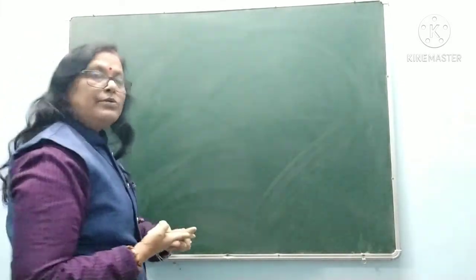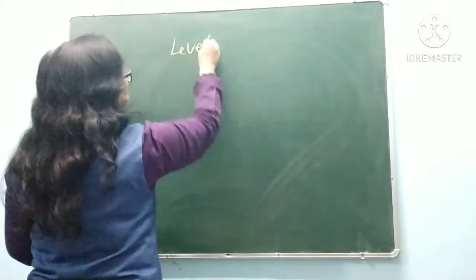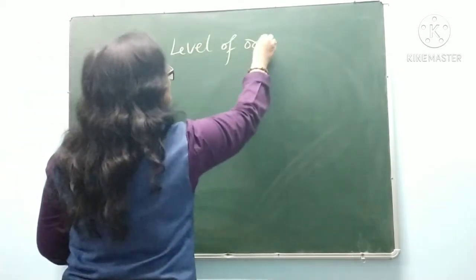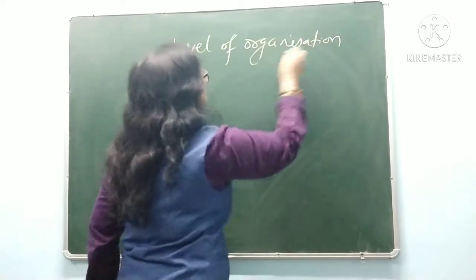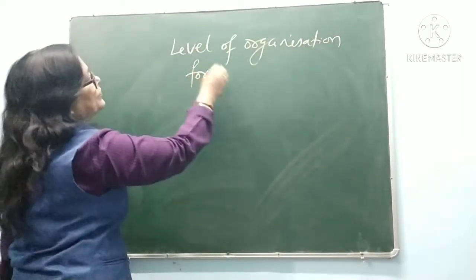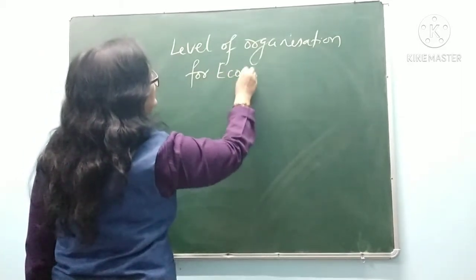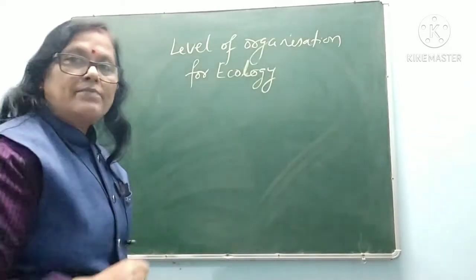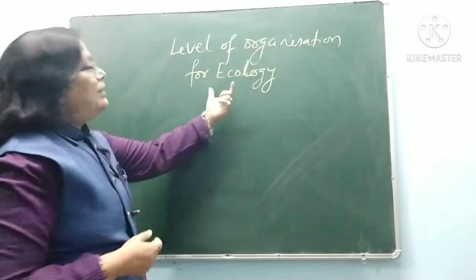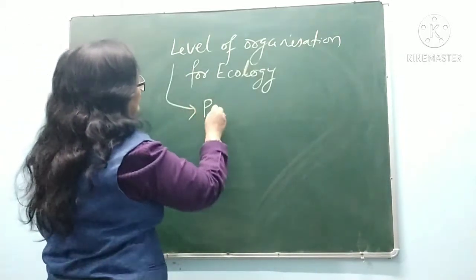Or before going to see this biome, you should know the levels of organization for ecosystem, or you may say ecology. There are 4 levels of organization in ecology. The first one is population.